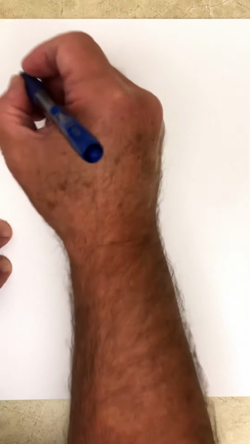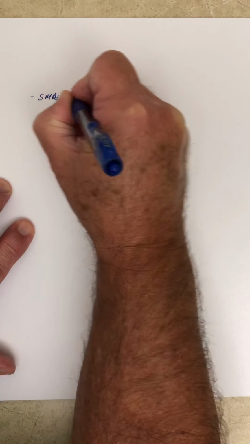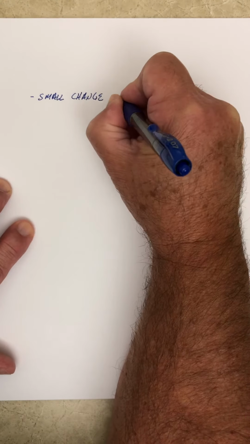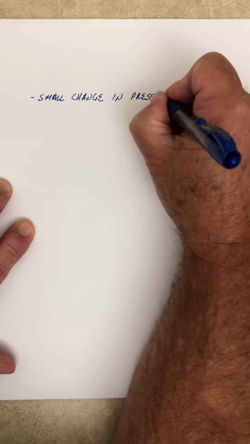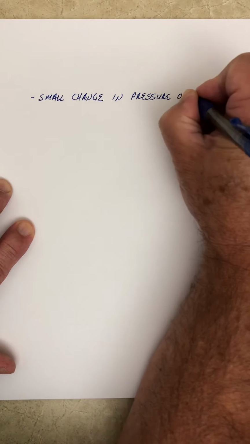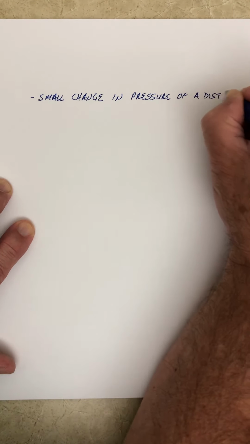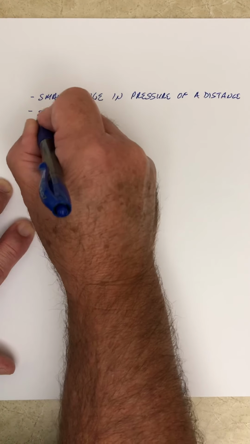Let's take a look at small changes. If you have a small change in pressure over a distance, we call this a small pressure gradient.